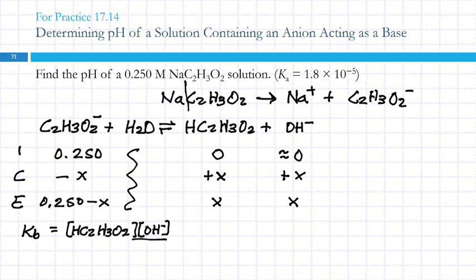Wait, why is it Kb again? It's Kb because the base is on the left. A Kb expression is going to have hydroxide ion concentration in it. A Ka expression is going to have hydrogen ion concentration. And you can't just turn it around. That would be really great, but you can't just do that.